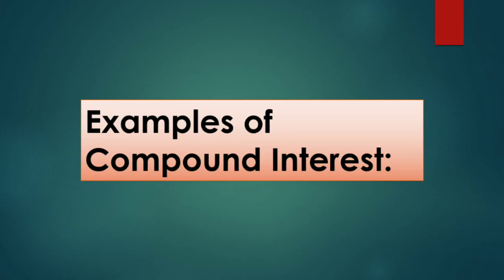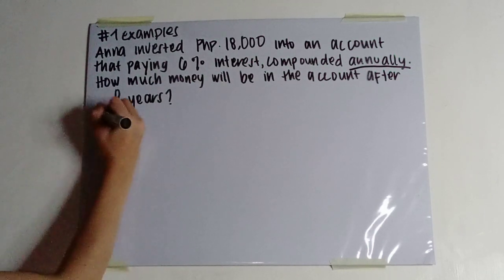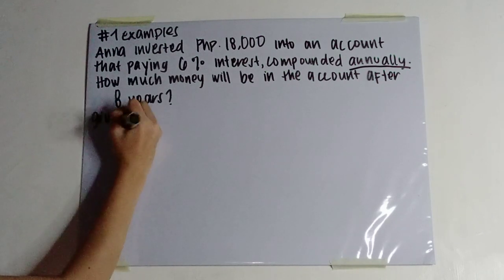There are some examples of compound interest. First example: Anna invested 18,000 into an account that pays 6% interest compounded annually. How much money will be in the account after 8 years? Okay, so write the given.